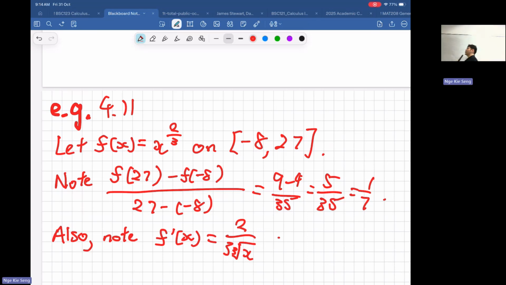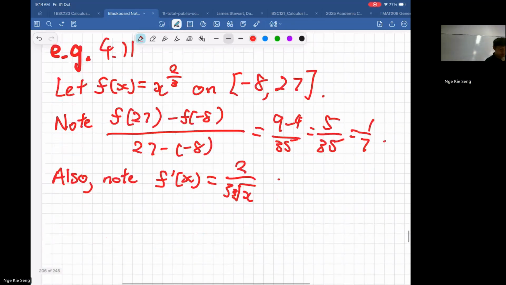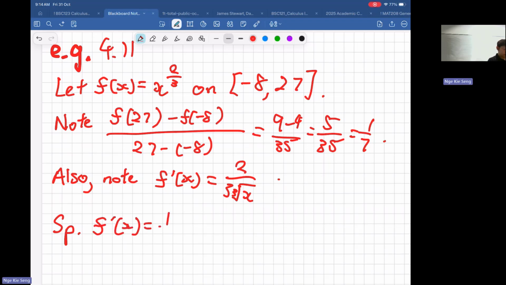We want to see where the derivative equals 1/7. Can we solve for it or not? Suppose f'(x) equals 1/7. Can we find an x that satisfies this?